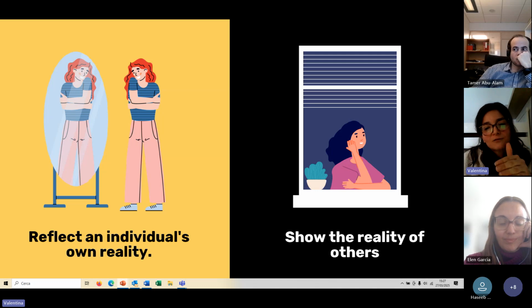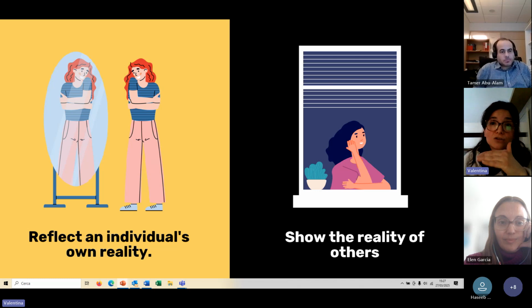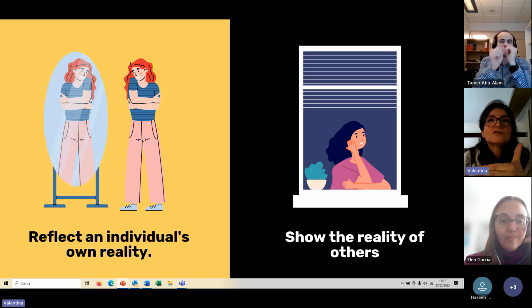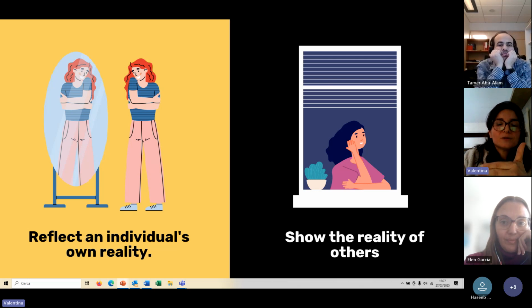The difference is to look through the window, look at the other's life, and you should try to be inclusive. You should try to tell the story from the other perspective.